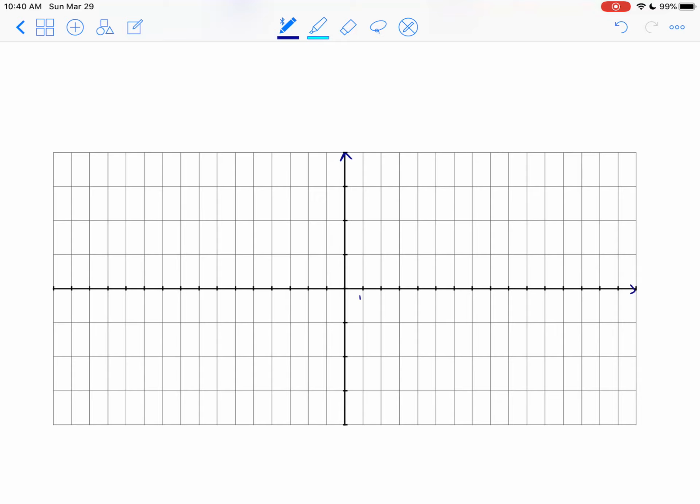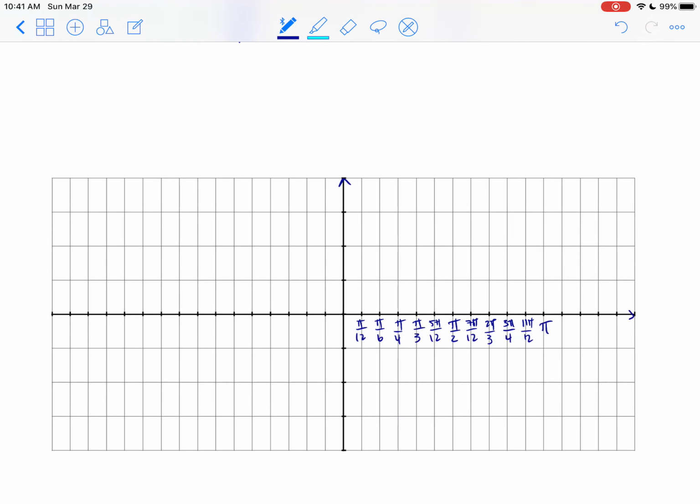And so if this is pi over 12, then this is 2 pi over 12, which is pi over 6, and 3 pi over 12 is pi over 4, and 4 pi over 12 is pi over 3, and 5 pi over 12 is 5 pi over 12, and 6 pi over 12 is pi over 2, and 7 pi over 12 is 7 pi over 12, and 8 pi over 12 is 2 pi over 3, and 9 pi over 12, if you divide by 3, we get 3 pi over 4, and then 11 pi over 12 is 11 pi over 12, and then 12 pi over 12 gives me pi, which is the same scale we used up here. It's just I'm doing the ones in between.